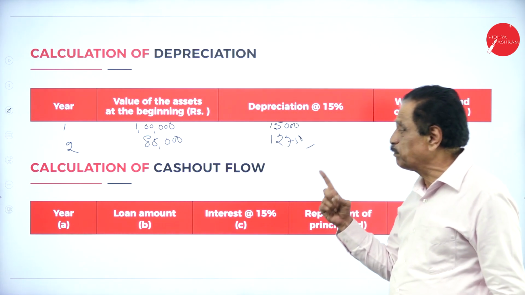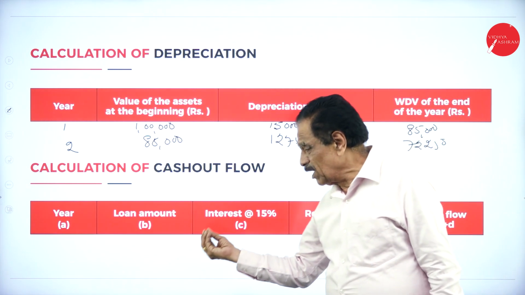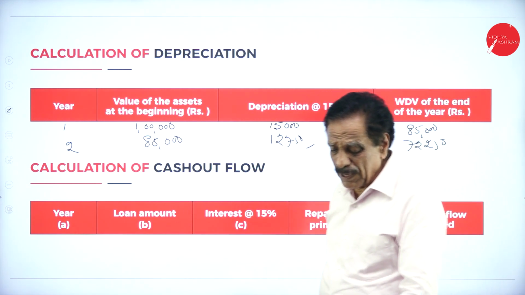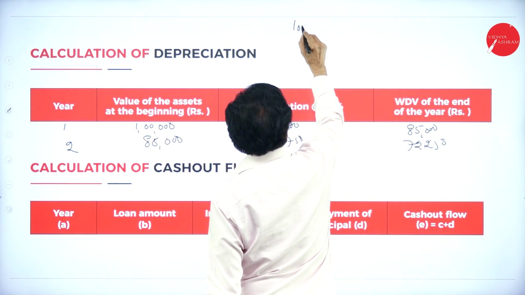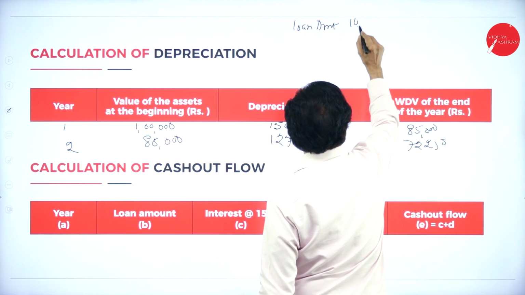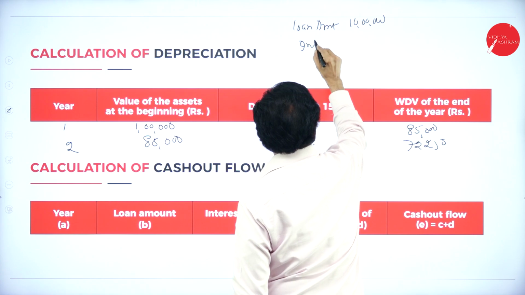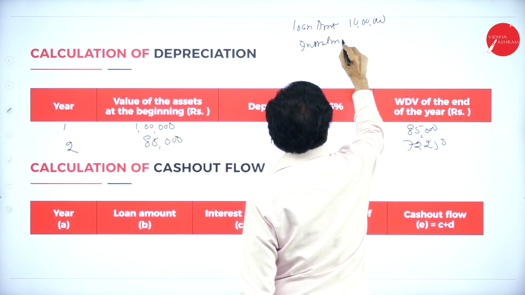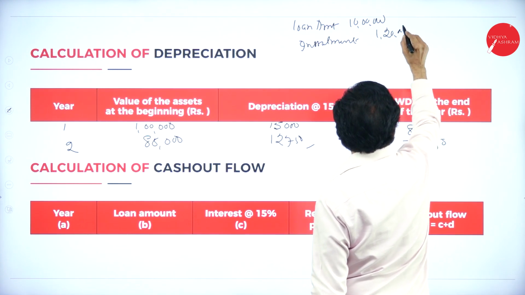So whatever the principal money you have got, assume whatever may be the loan amount. Here, I will give an example. Your loan amount is 10 lakh. Installment, you are paying 1,20,000.